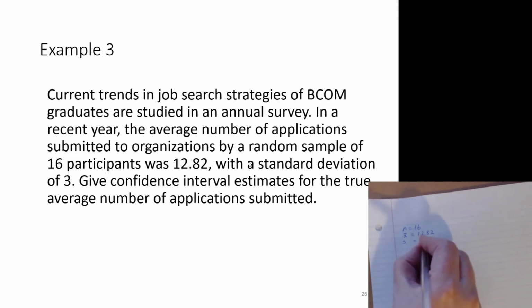Again, assuming that's sample standard deviation because it does not explicitly say population standard deviation or sigma, so we're going to assume that it's S. Give confidence interval estimates for the true average number of applications submitted.